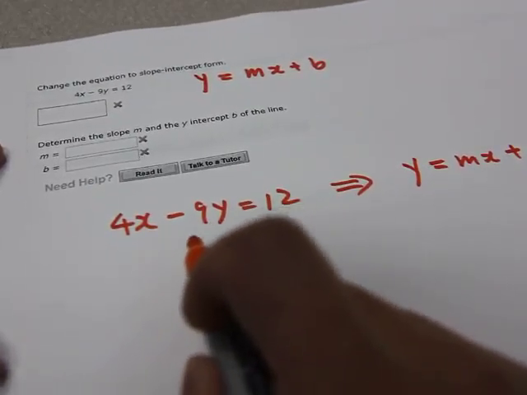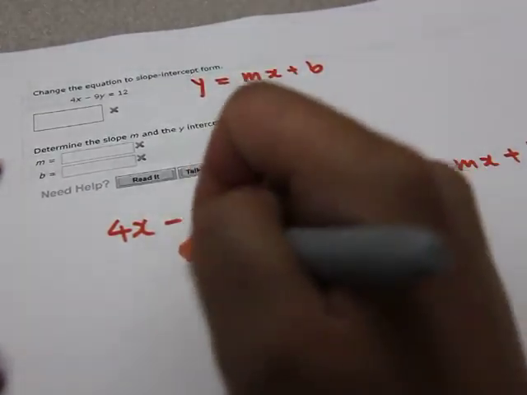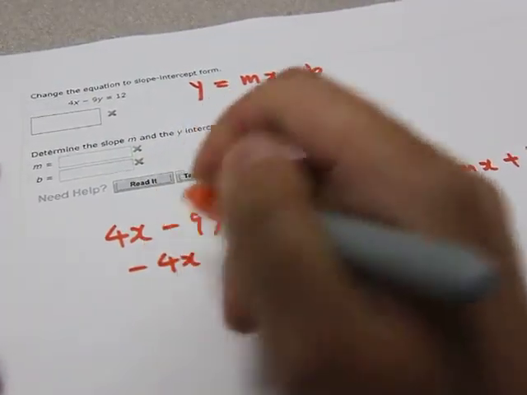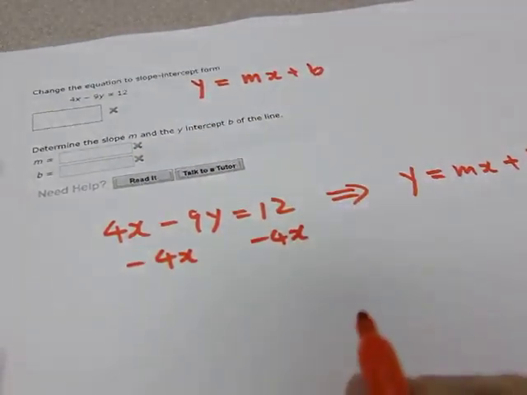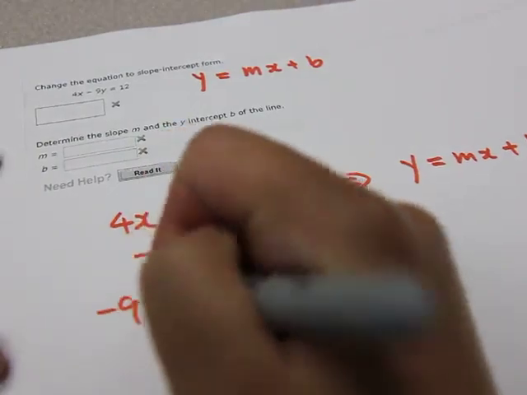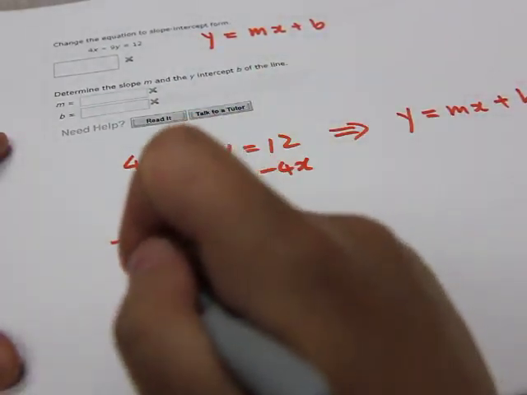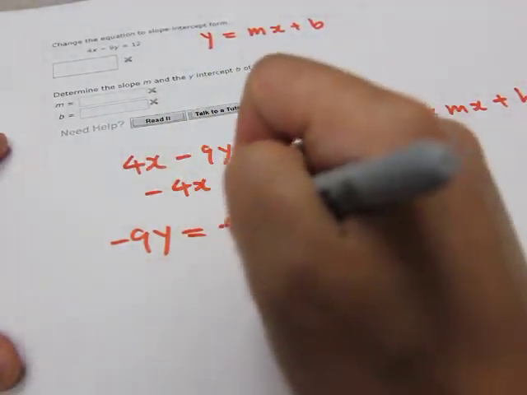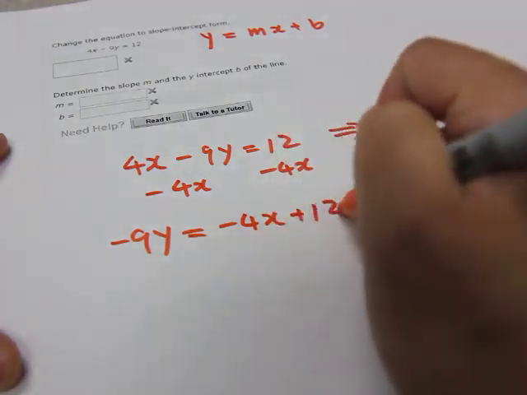So the first step I can take is I can subtract 4x from both sides. So now I change the equation into negative 9y equals negative 4x plus 12.